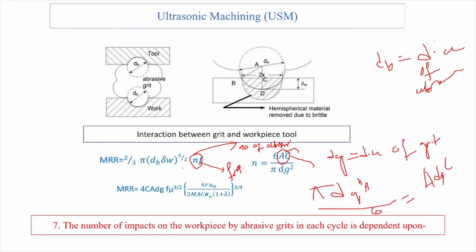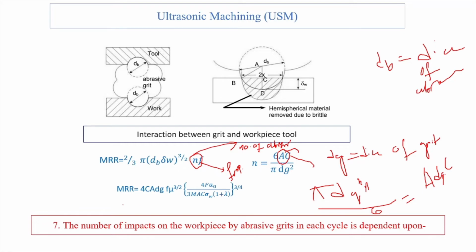So if we consider every parameter like d_B, which is abrasive dia, delta W, which is indentation depth, n, number of abrasives, f, frequency, C, the concentration of abrasive grits, and dg, the diameter of grit.